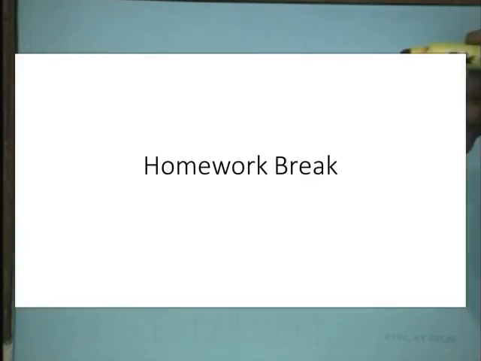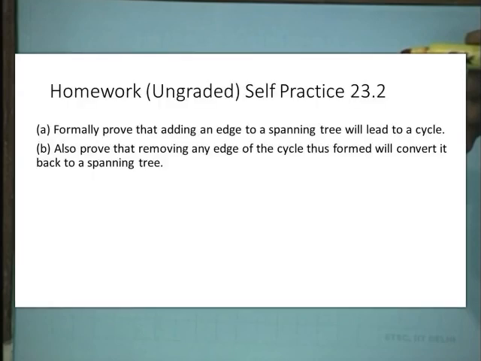Time for a homework break. So consider a graph of which you have selected a spanning tree. Prove that adding an edge to that spanning tree will lead to a cycle in the graph.